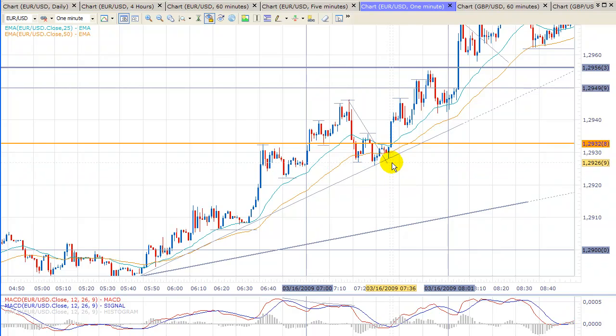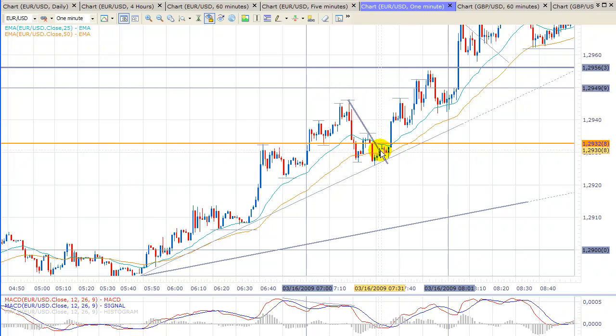Actually, I entered with another position at the break of this trend line, because we can see here that we've got a retracement after this upside move. When the price breaks the trend line of the retracement, we've got a clear entry point.